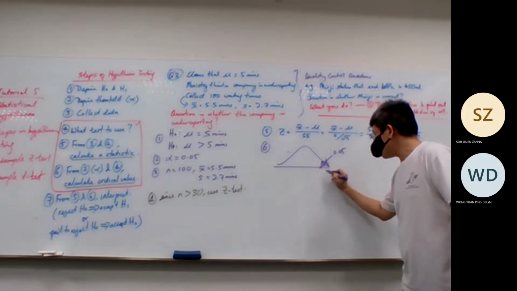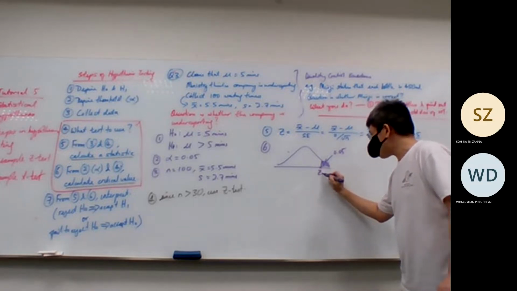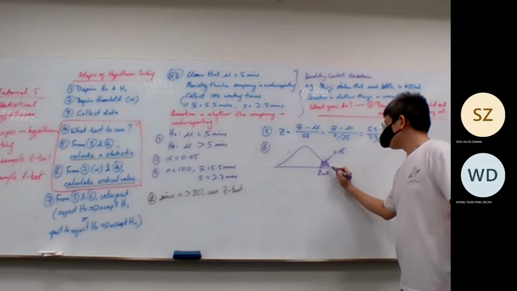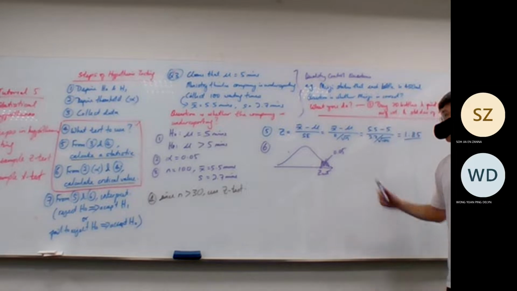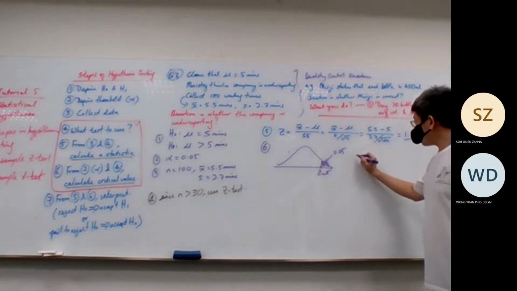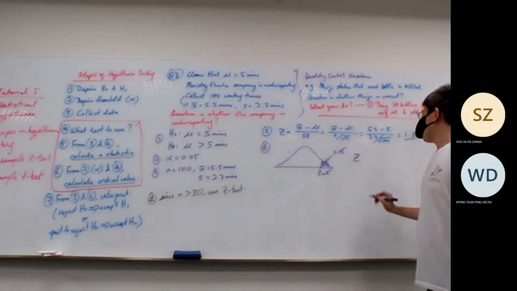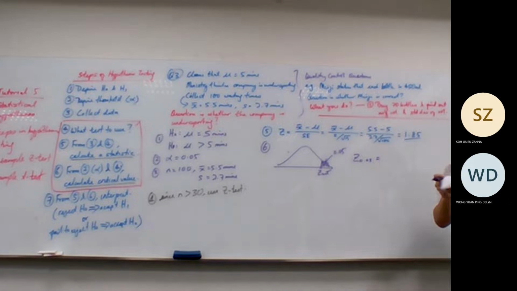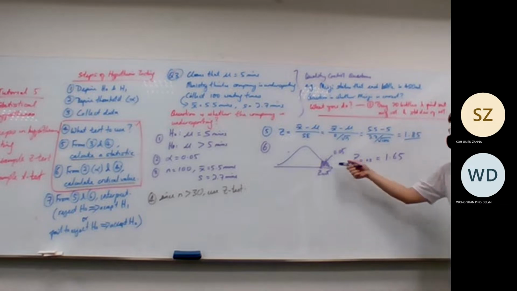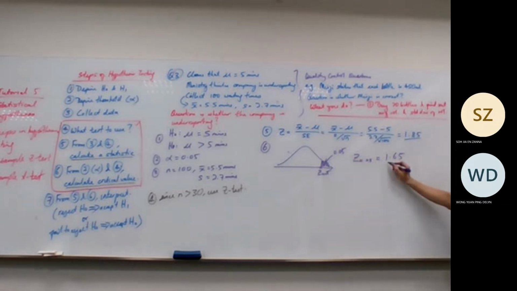What is the value here for Z? So from here, what you have is Z 0.05. The critical value will be 1.65. You go to the Z distribution table, 0.05, to get 1.65. So this is the critical value.